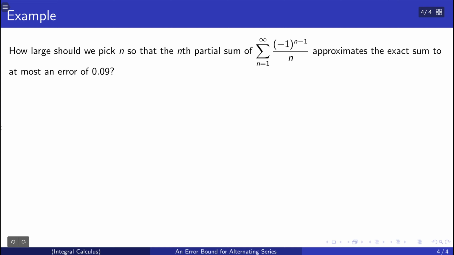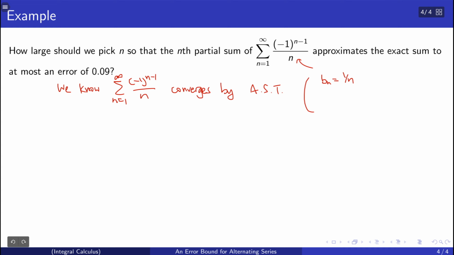So what do we do in this case? So we know, and this is a different series here. It's only raised to the first power in the denominator. It's still convergent, right? So we know this converges by the alternating series test, since if you pick b sub n to be just 1 over n, then it satisfies the two conditions we need.